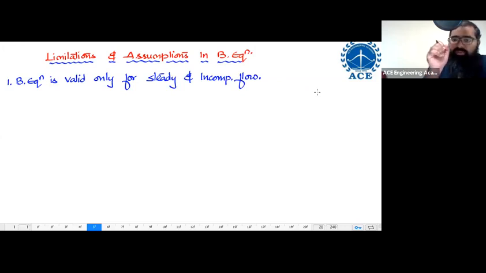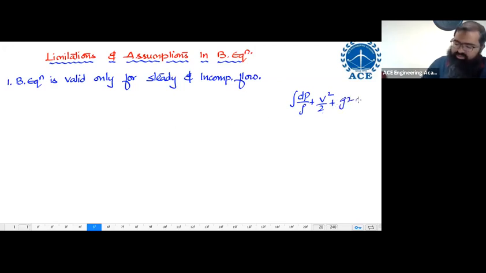If the flow is compressible, in the previous class I gave you that form: integral dp by rho plus v square by 2 plus gz equals constant. This was the form for compressible flow. If it is incompressible flow, then you can write P by gamma and so on. This is the first, very simple limitation. Coming to the second point, this is only for mechanical people.